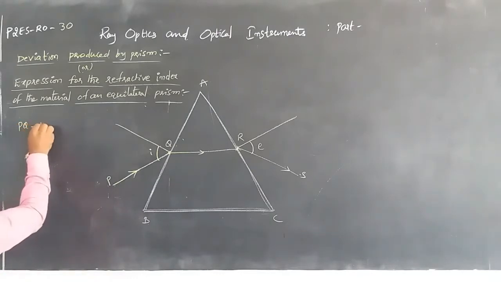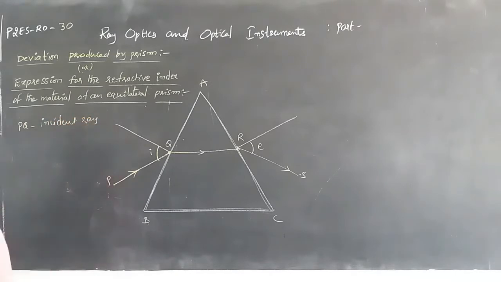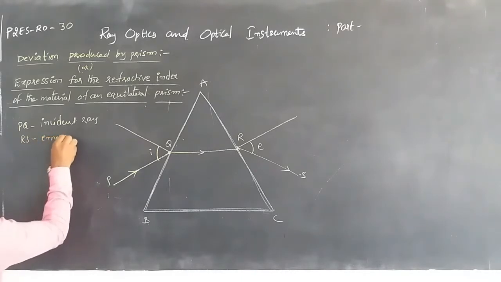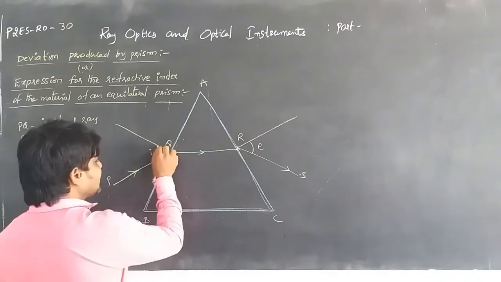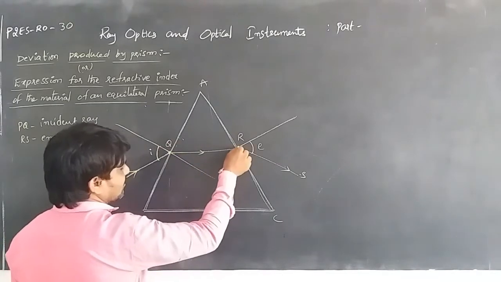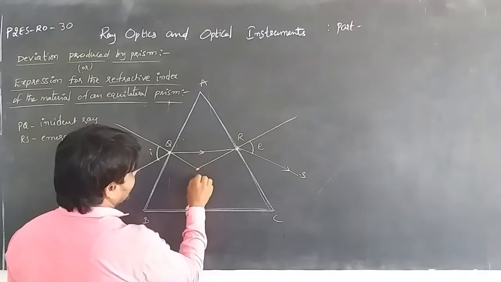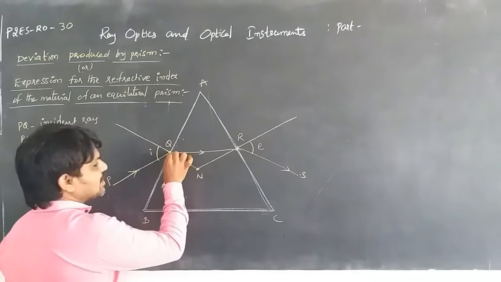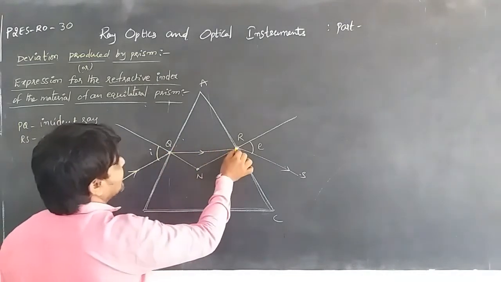PQ is the incident ray and RS is the emergent, or refracted, ray, with angle of incidence I. When the two normals are extended, they meet at point N, and the angles at Q and R are right angles.